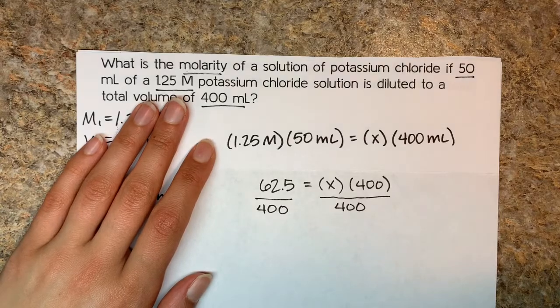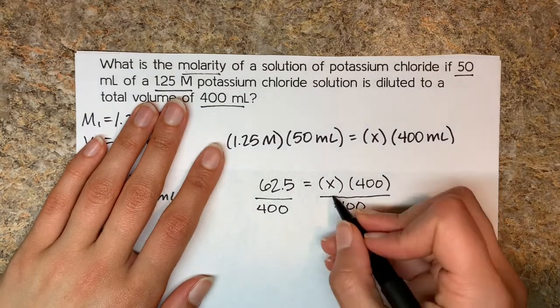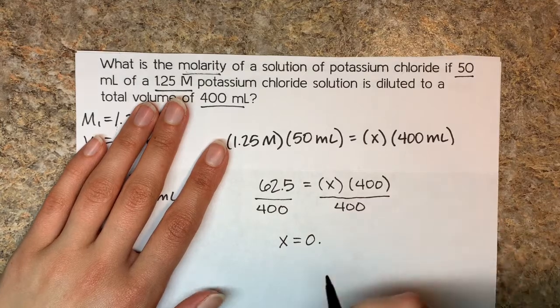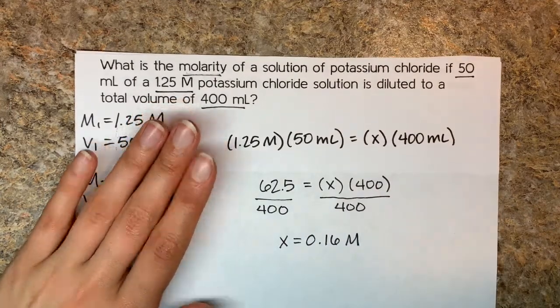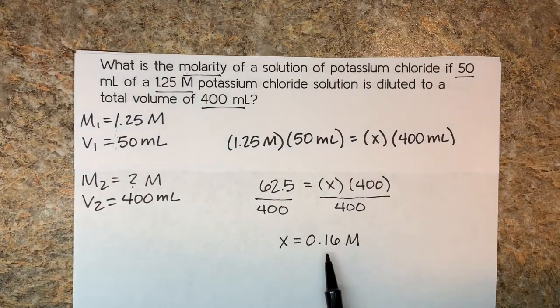Now basic algebra, right? We divide both sides by 400 in order to get X by itself. So 62.5 divided by 400, you should get X to equal, we'll round it to 0.16 molar. So that's your answer. Your second solution is going to be a 0.16 molar solution.